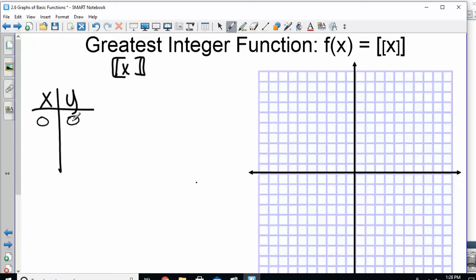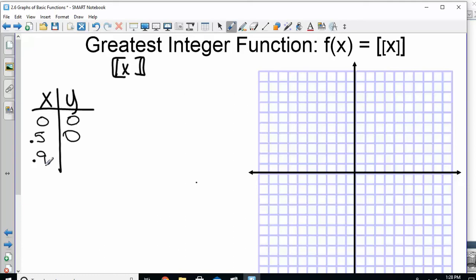Okay. So let's say I put in 0.5. 0.5 falls between 0 and 1. The greatest integer says you have to get out an integer, but you can't get something bigger than what you put in. So what's it going to give me out? Still 0. What if I said 0.9?